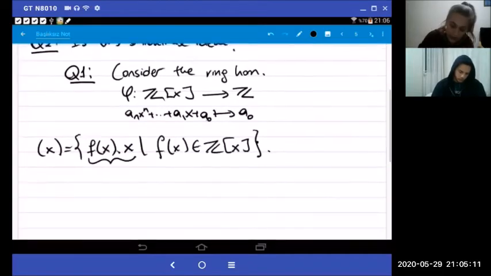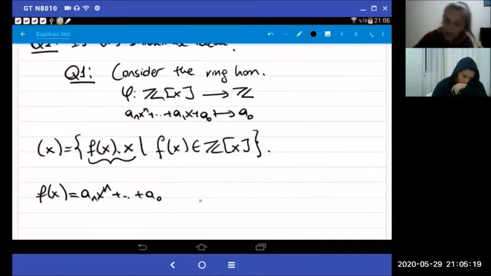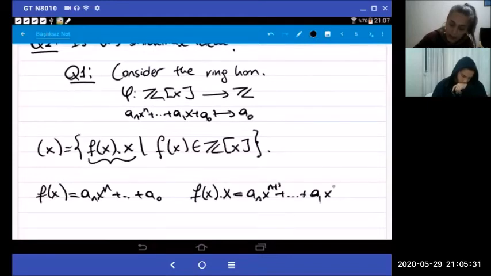Consider f(x) equal to a_n x to the n, and so on, plus a_0. If you multiply these two, you have a_n x to the n plus 1, and so on, a_1 x squared plus a_0 x. These kinds of polynomials do not have constant terms.